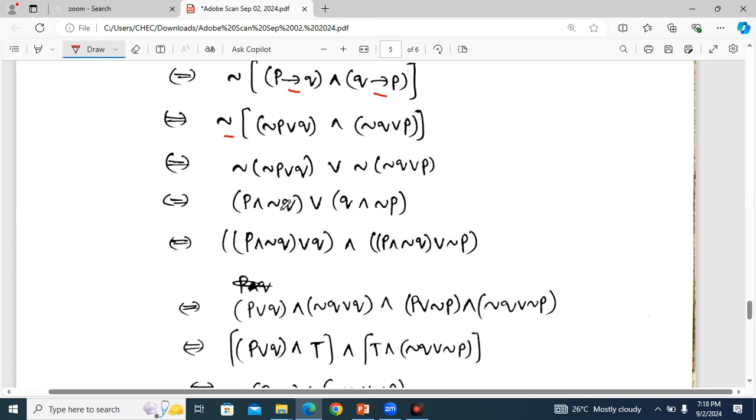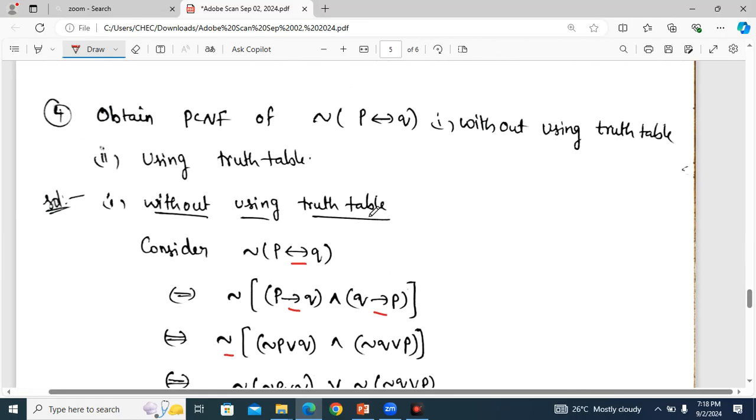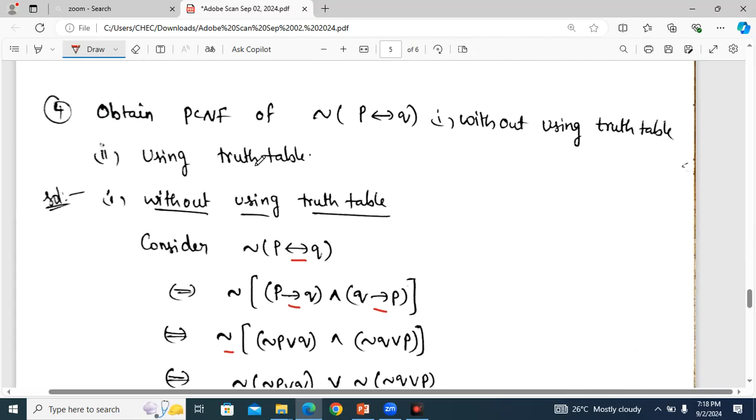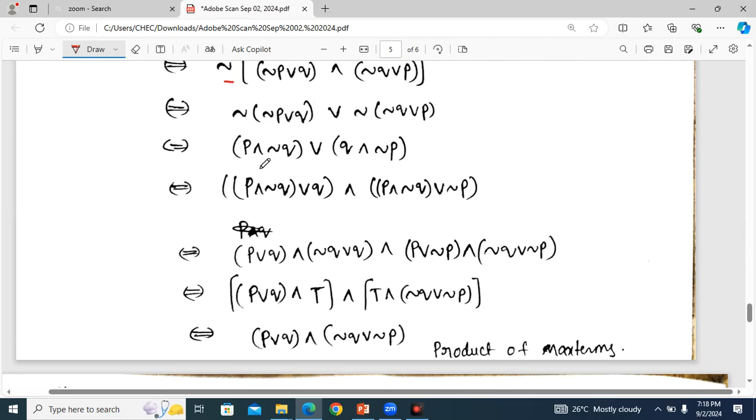this is in sum of min terms, but we need to change into product of elementary sums. Okay, so this is in PDNF form, but now we change into PCNF. This is sum of min terms, but we need to change into PCNF. We apply distributive law.